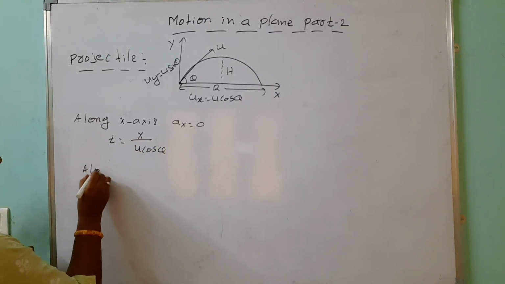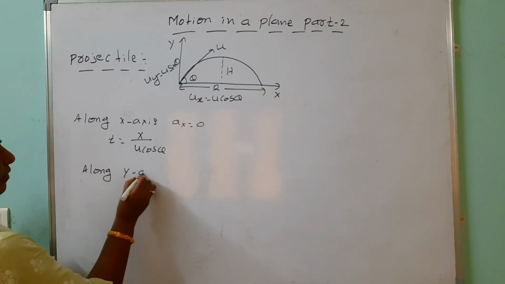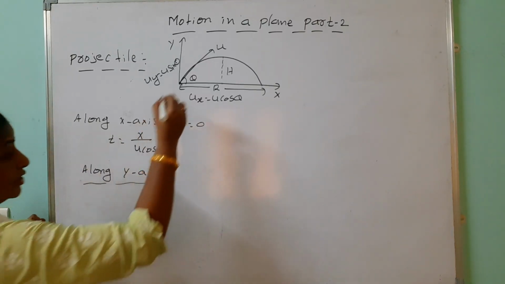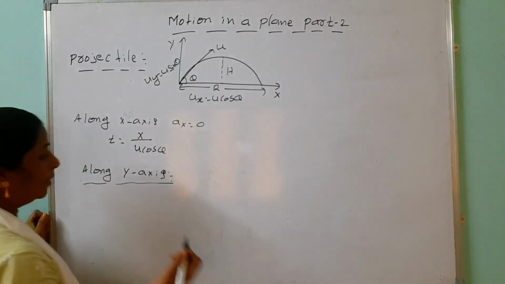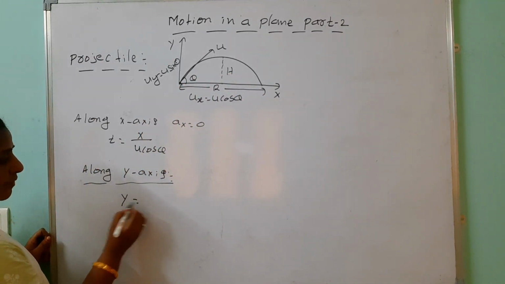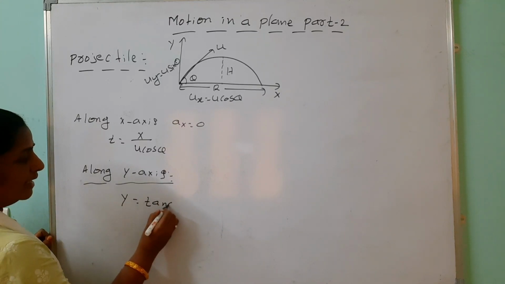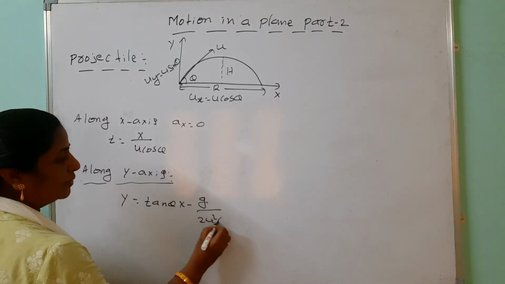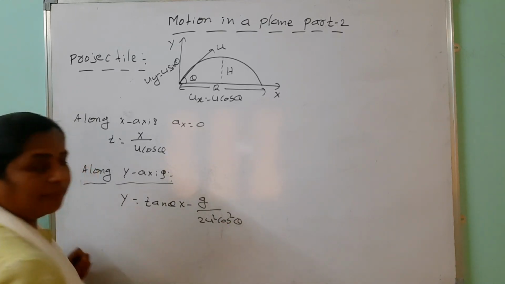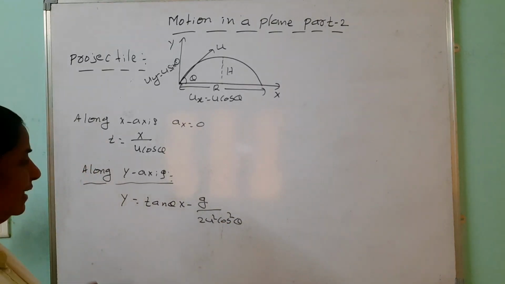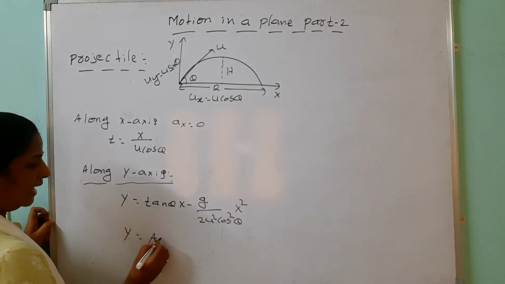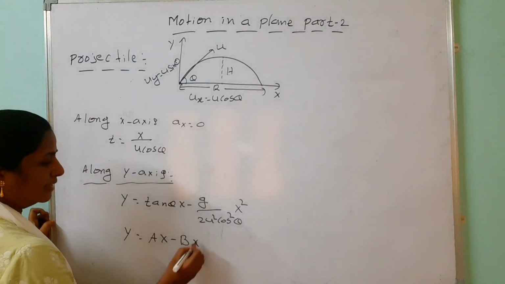Like that, along the y-axis, we show the path of the projectile is a parabola with the help of this expression only. y equals tan theta x minus g by 2u square cos square theta into x square. Then we write this as ax minus bx square.